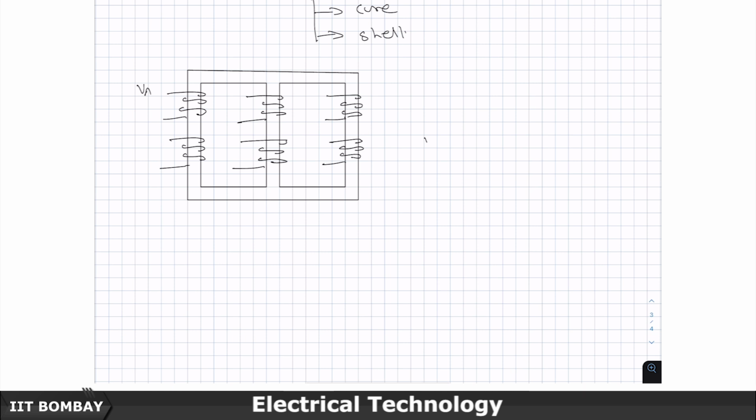So, you can say this is VA, this is VA, VB, VB, VC, VC.